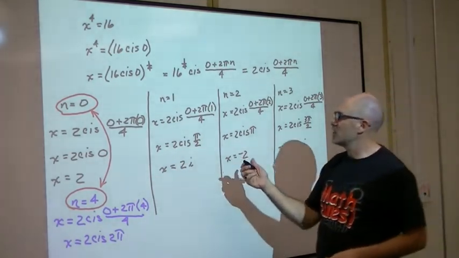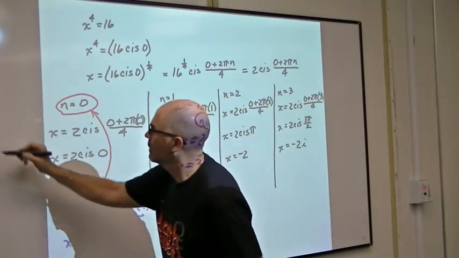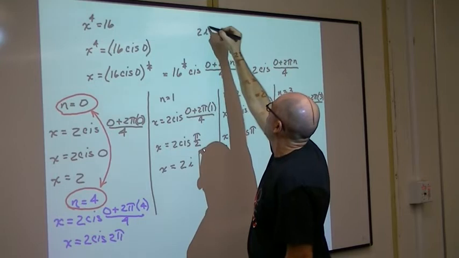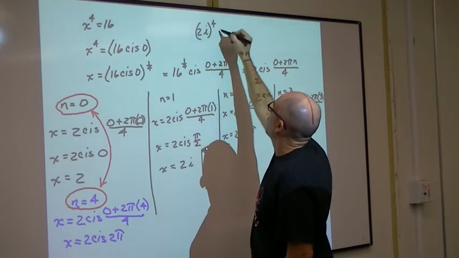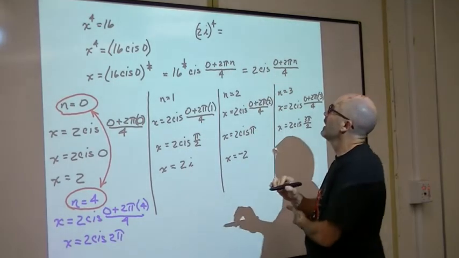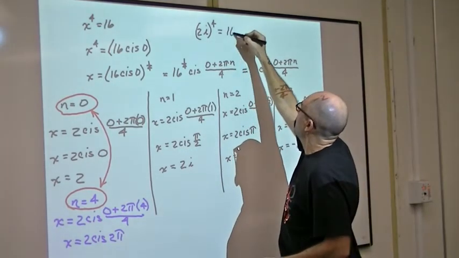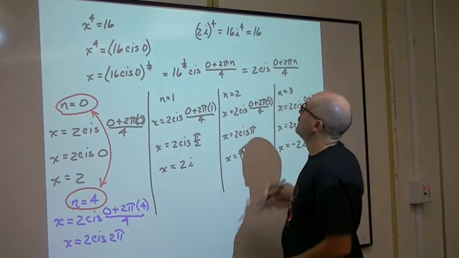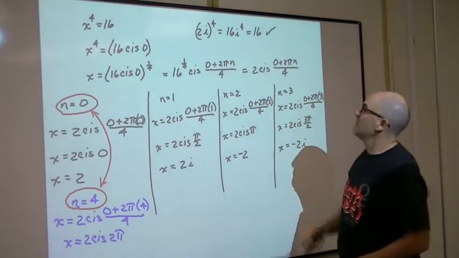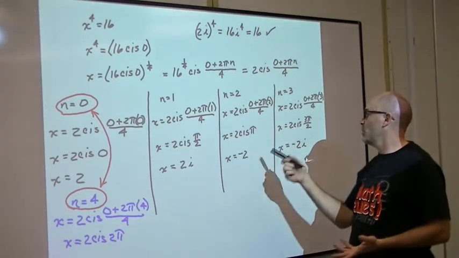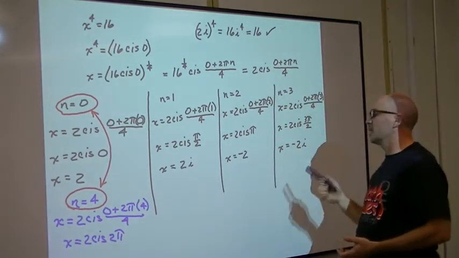Notice if I take 2i to the 4th, and clearly you can see if I did negative 2i to the 4th, it'd be the same thing. That becomes 16 i to the 4th, and i to the 4th equals 1, so it equals 16. So notice it checks with all of 2, negative 2, plus 2i, minus 2i.